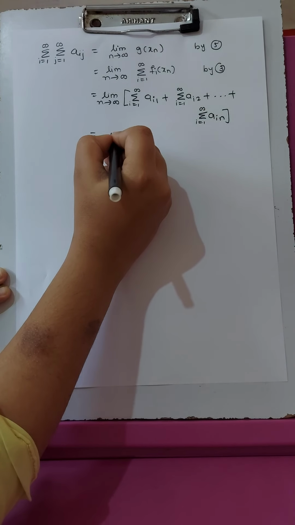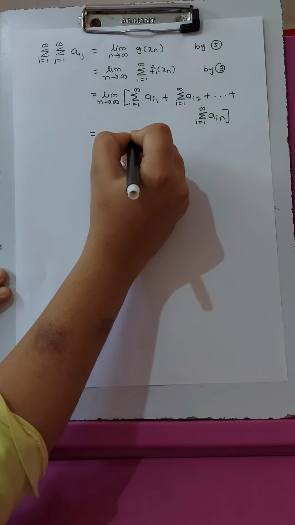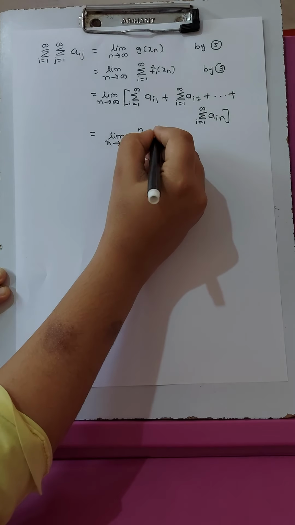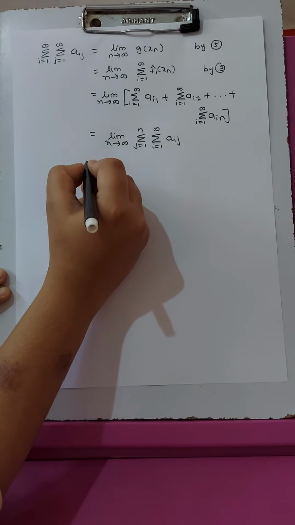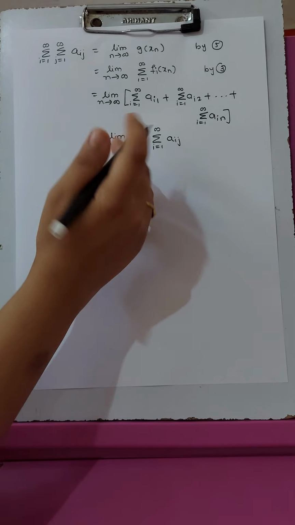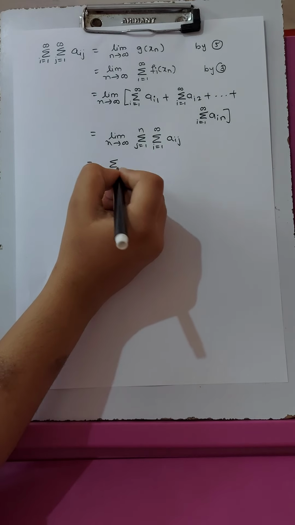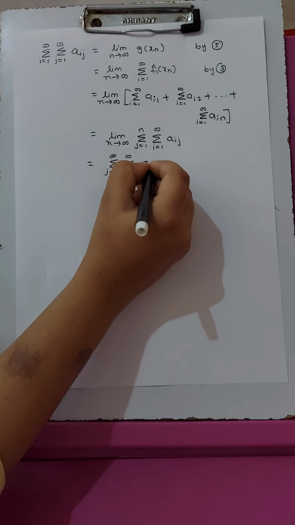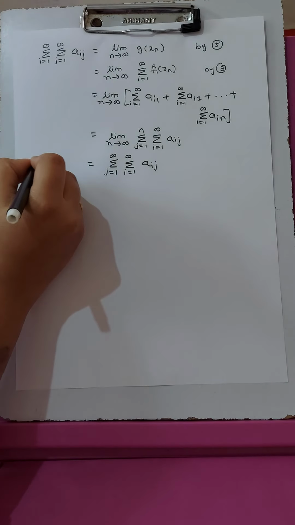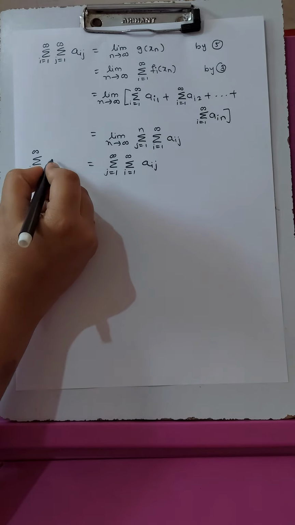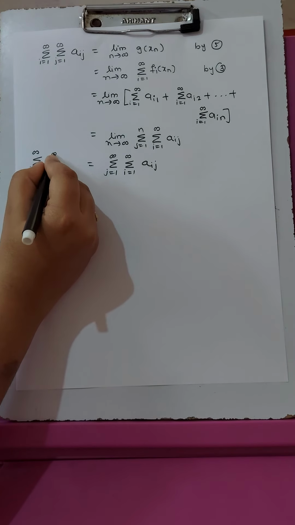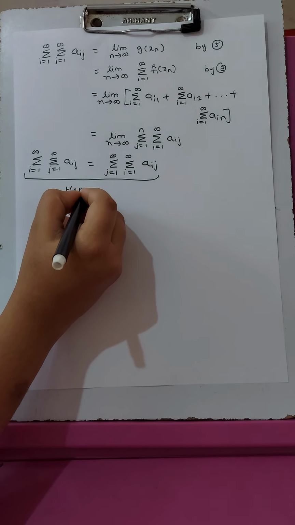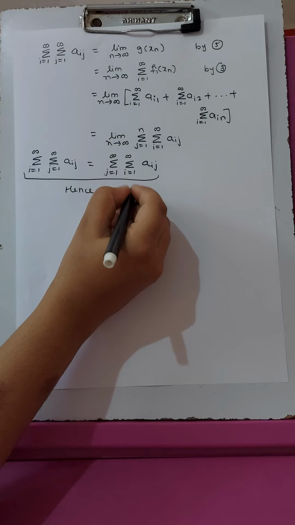So this implies that limit n tends to infinity summation j from 1 to n summation i from 1 to infinity aij. So here limit n tends to infinity, we put n equals to infinity. So summation j from 1 to infinity summation i from 1 to infinity aij is equals to summation i from 1 to infinity summation j from 1 to infinity aij. So this is the required result and hence the theorem is proved.